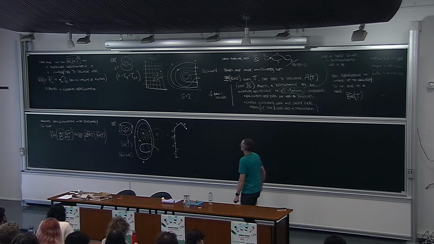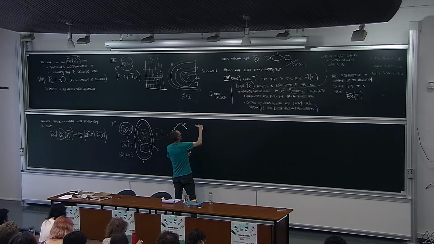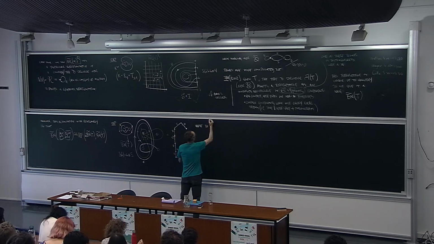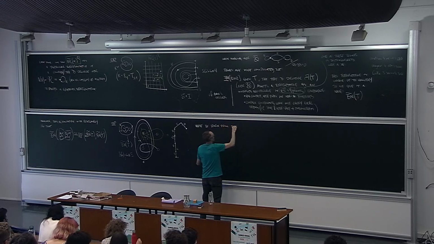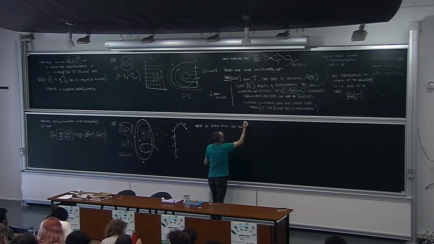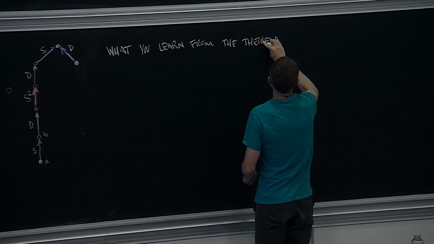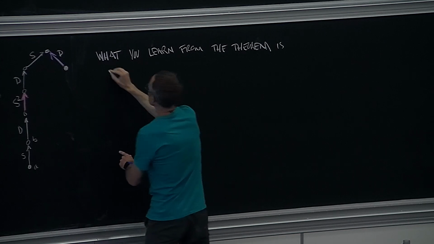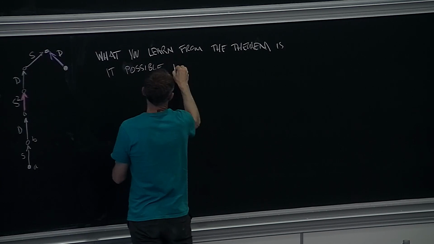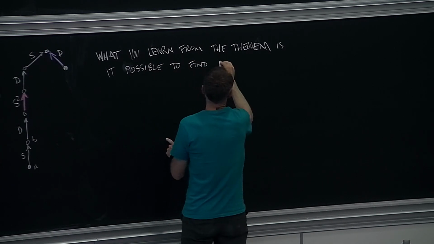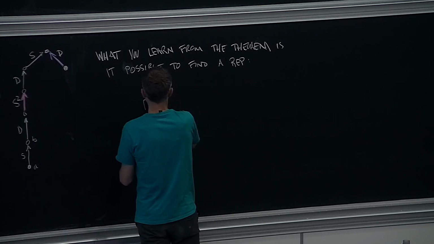In consequence, notice that this tells you what you learn from the theorem, which isn't obvious about these types of structures at the outset, is that it is possible to find a representative of the type D structure itself.